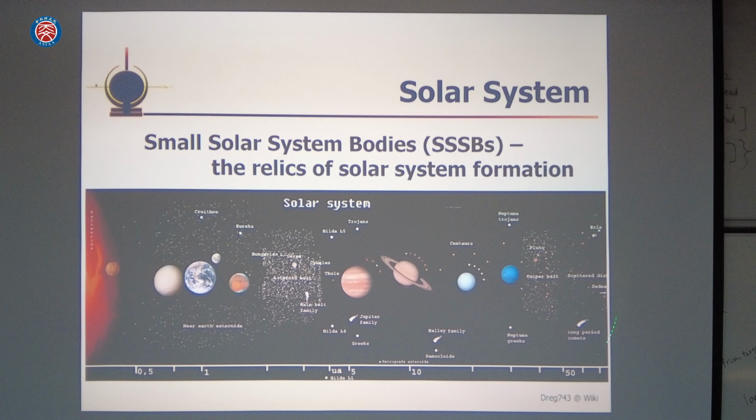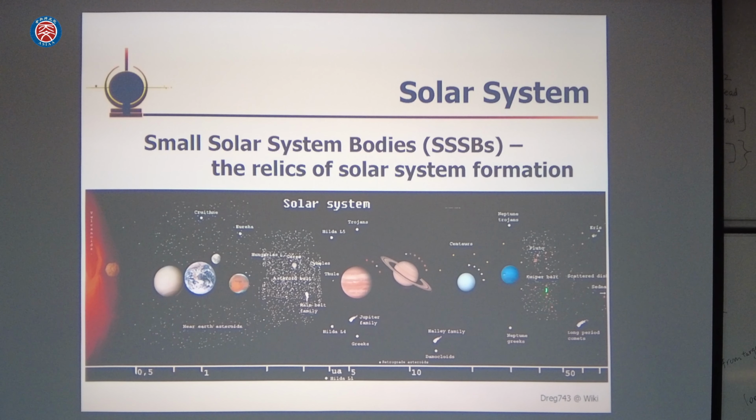Another is beyond Neptune, which we usually call TNO, trans-Neptunian objects. And also we have some near Earth objects, which means their orbits can intersect with Earth's orbit, and sometimes they will bring us some damage.